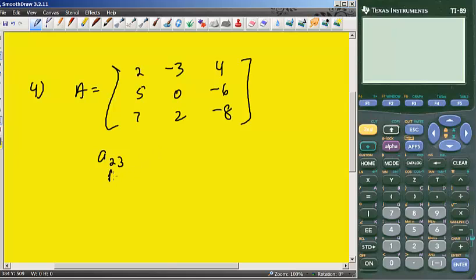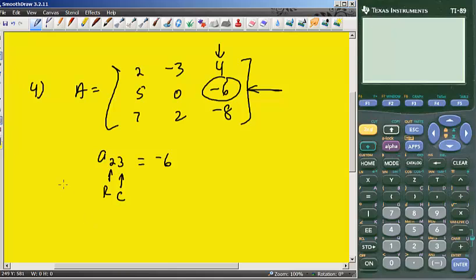So this is the row and this is the column. Okay, so we're going to the second row, which is that, and then third column, which is that. So a sub 23 is negative 6.